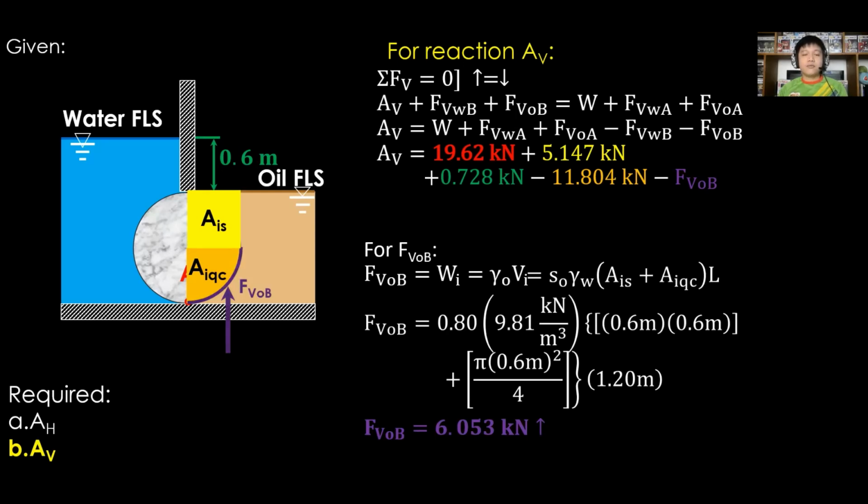Therefore, F sub VOB is equal to 6.053 kilonewtons upward.